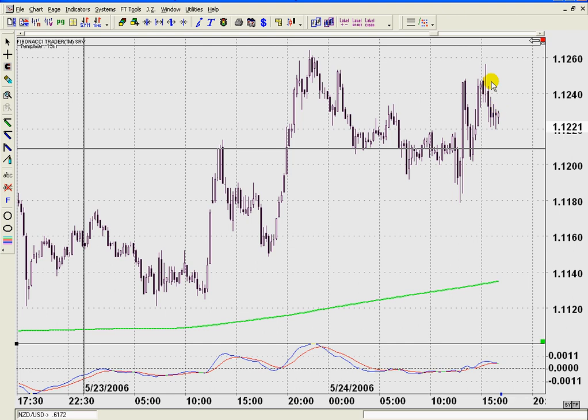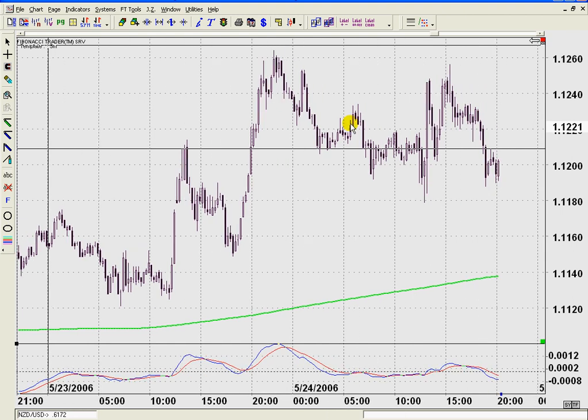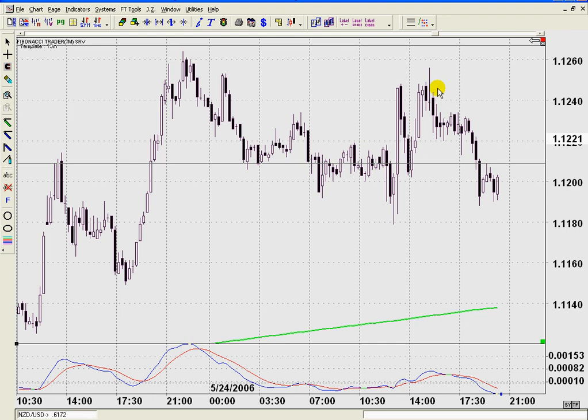Coming up to 112.60, and a second attempt on the following day, and we start to see, let's look here a little closer, some very choppy price action.